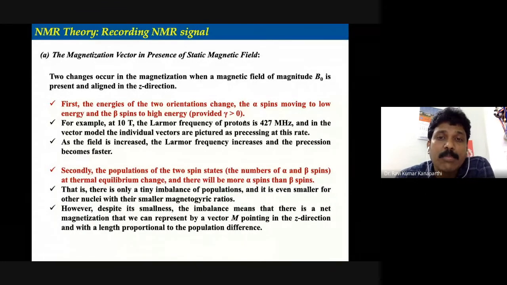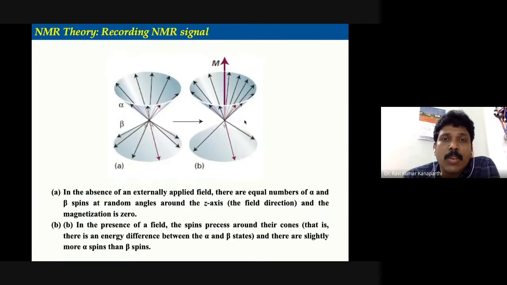Of course, please remember that these things are only true for nuclei where gamma is positive. If gamma is negative, then the alpha spins will be occupying the higher energy state, and the beta spins will be occupying the lower nuclear spin energy state. So this imbalance causes what is referred to as the net magnetization vector, which we can see in this cone representation of the nuclear spins.